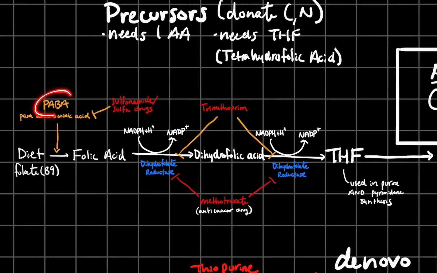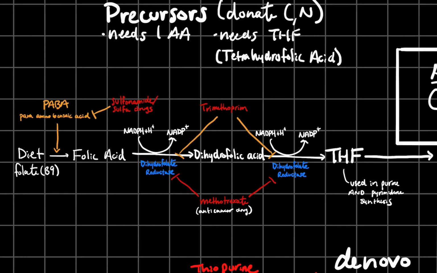Okay, the orange lines are going to be with your bacteria. Okay, so your bacteria can de novo synthesize folic acid from PABA. They don't need to have any vitamin B9 or folate, and they synthesize folic acid through a series of reactions, and PABA is going to be your para-amino benzoic acid. And that synthesis is going to be inhibited by sulfonamide or sulfa drugs.